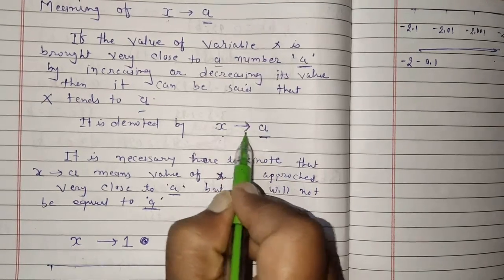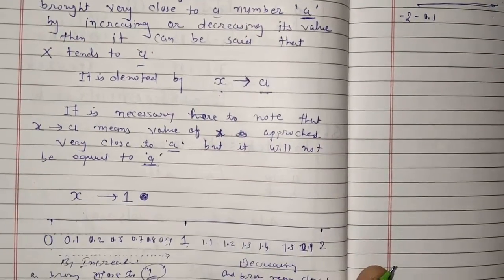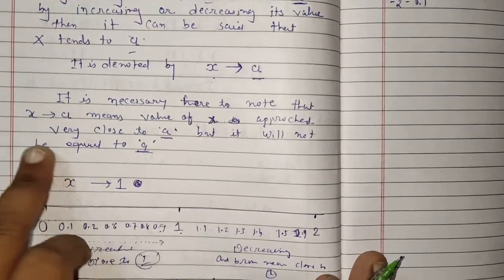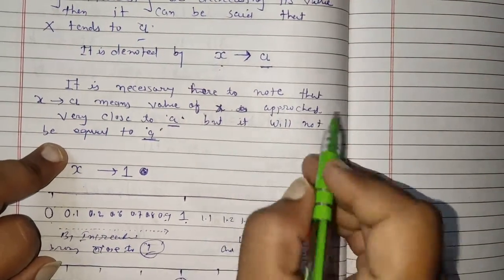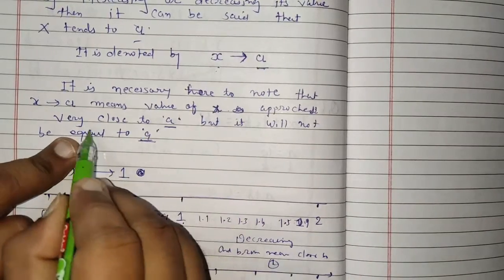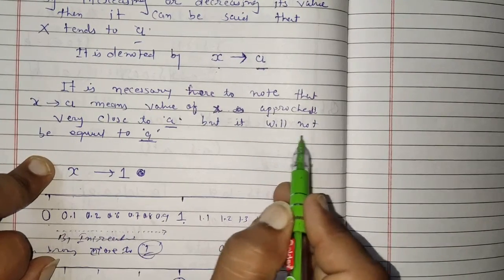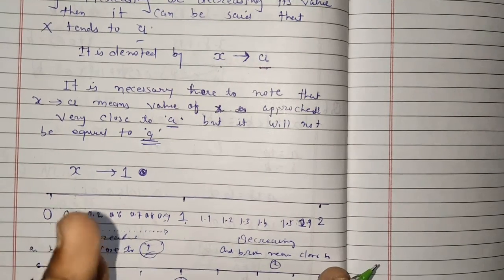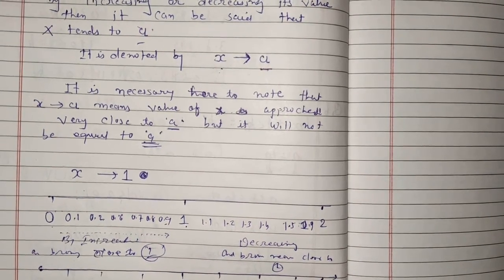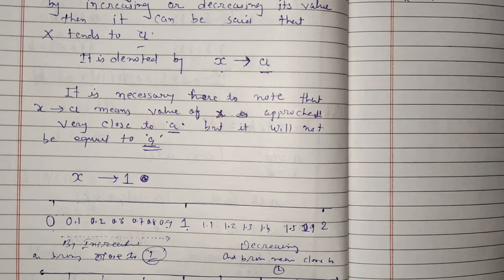So it is necessary to note that x tends to a means the value of x approaches very close to a but will not be equal to a, not exactly a, but its approach is a, that means very close to a. It is very near but not exactly that value, because there it is indeterminate.